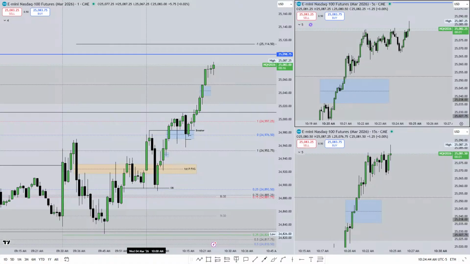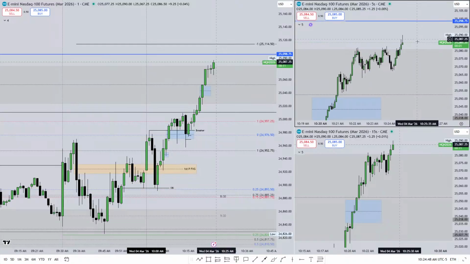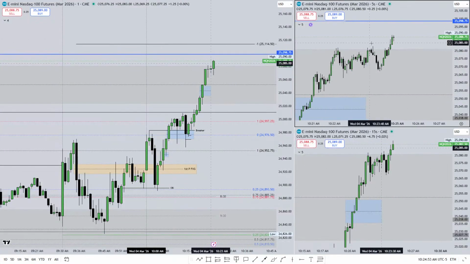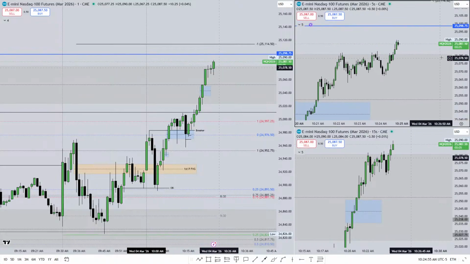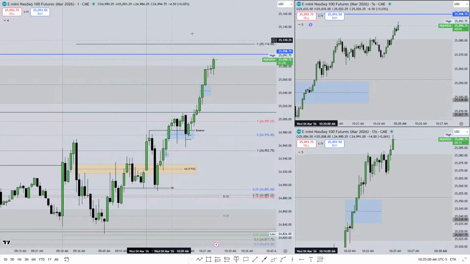All right, I want to see it reject these highs right now. Come back lower, sweep these. We might just get that run higher. It's so close.